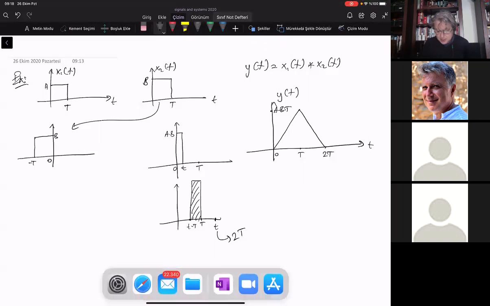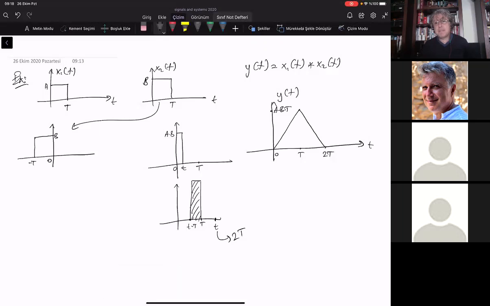So this triangular shape that we have is the typical shape that you obtain when you convolve two rectangular boxes with the same time duration, the same width. If you have two same-width boxes, their convolution will first increase and then decrease. That's a triangular shape that you will obtain.